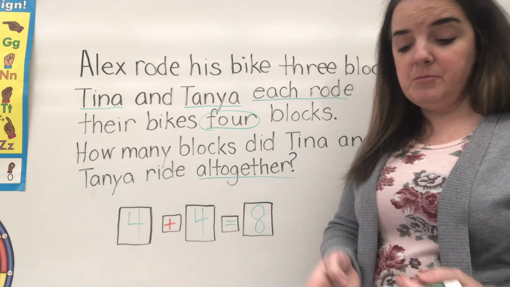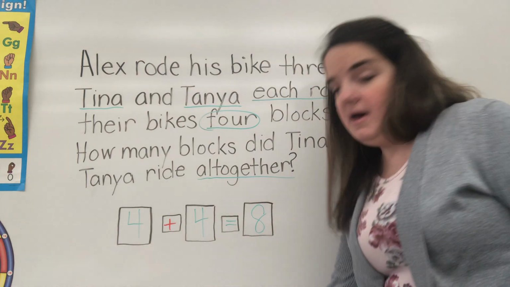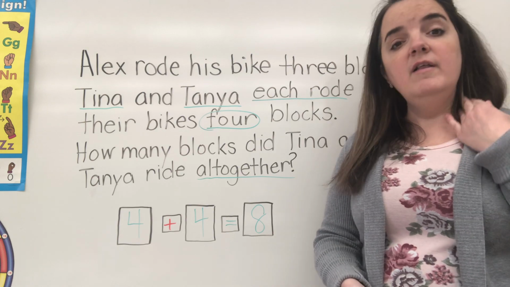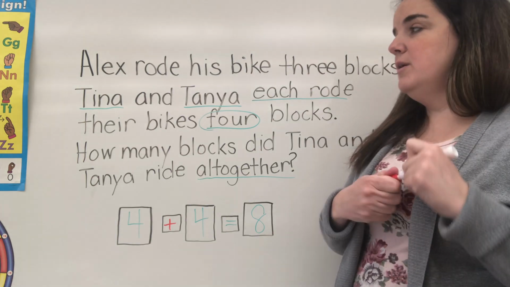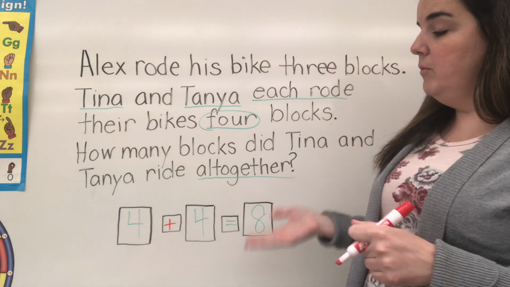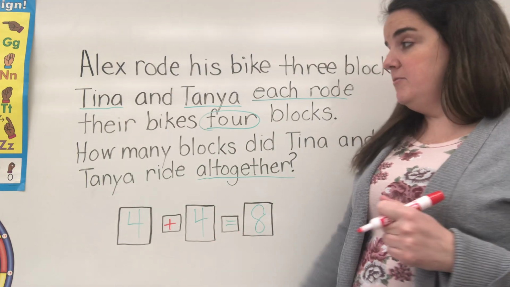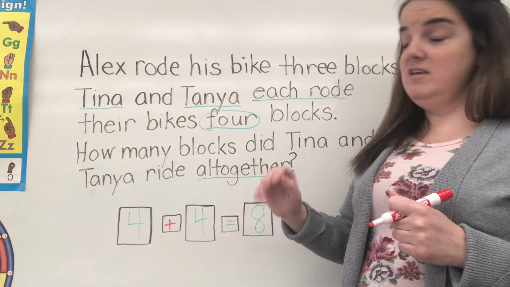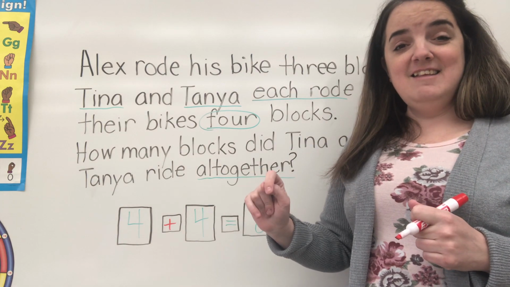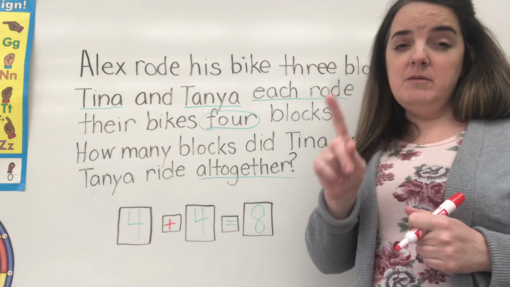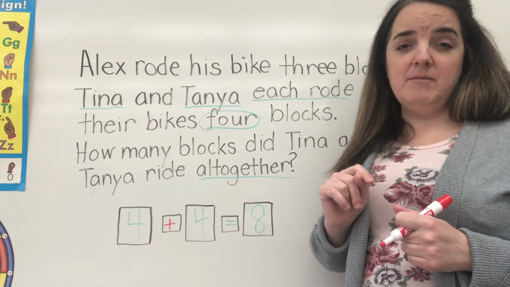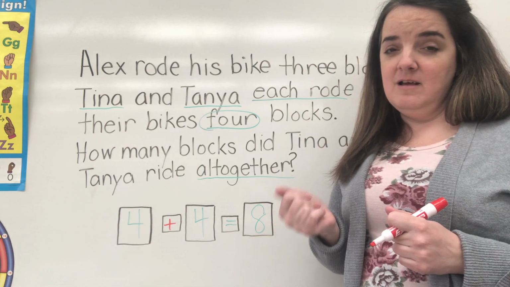So I've solved my story problem, but we need to circle the extra part to our story problem. Now, what was the extra part to our story problem? The story problem was mainly about Tina and Tanya, but there was one more character in the story problem. Who was that?